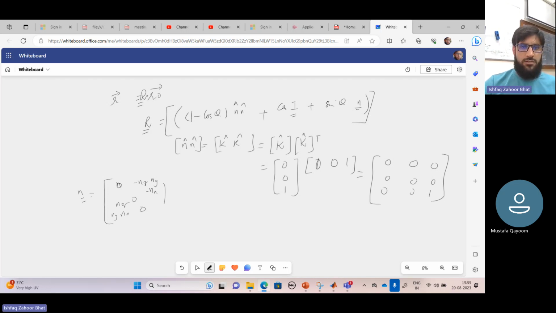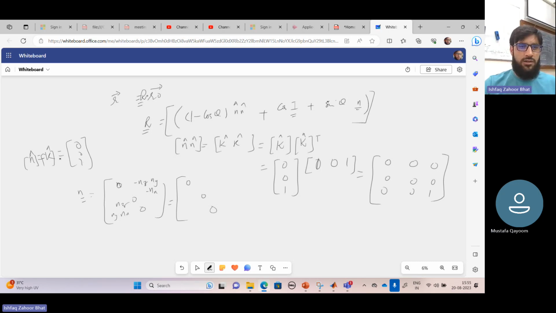What is the x component of n? n is k, so the components are 0, 0, 1.